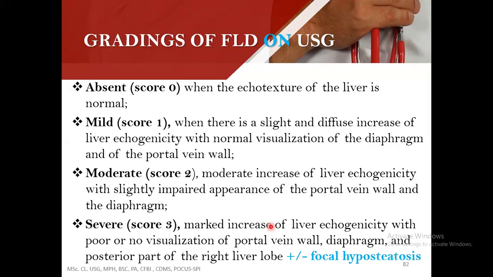With the severe one, which is stage 3, there is marked increase in liver echogenicity. So you see that the echogenicity of the liver has changed drastically, different altogether. And then there is no visualization of the portal vein, diaphragm, and even the posterior part of the right lobe. They may be masked, like you may not see them, because fat has covered all.